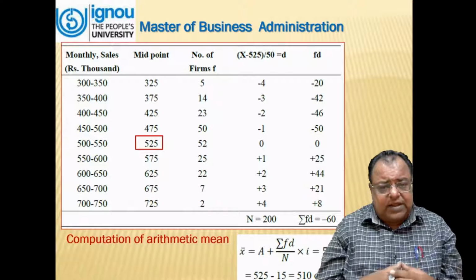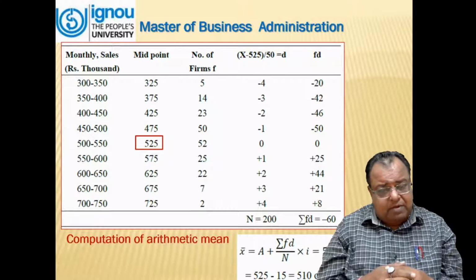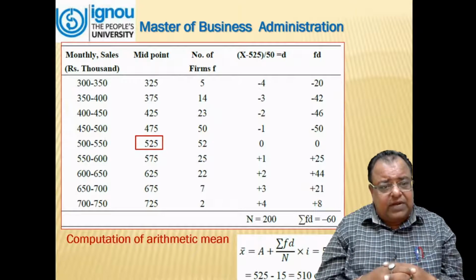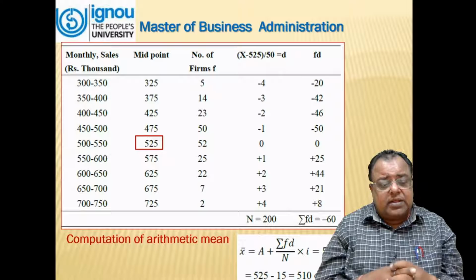We will see how all these computations are done. We were given column number 1 and column number 3 in the problem. We are supposed to calculate the arithmetic mean of the problem. First of all, we will find the mid value. This mid value is calculated by adding 300 plus 350 divided by 2.